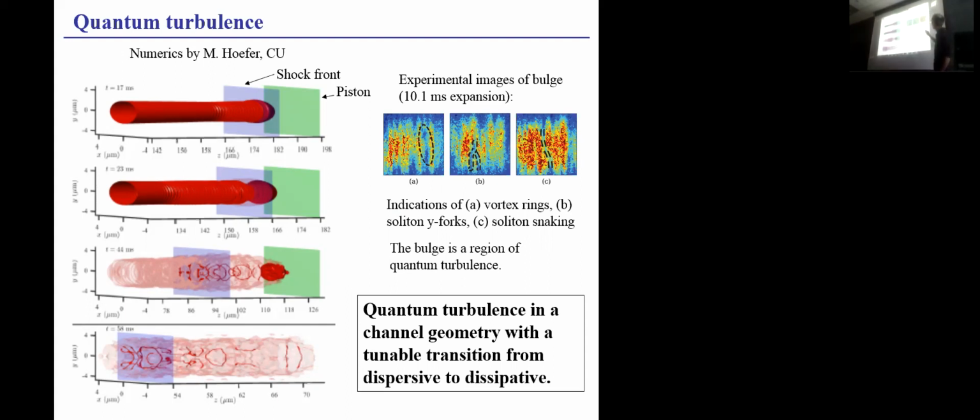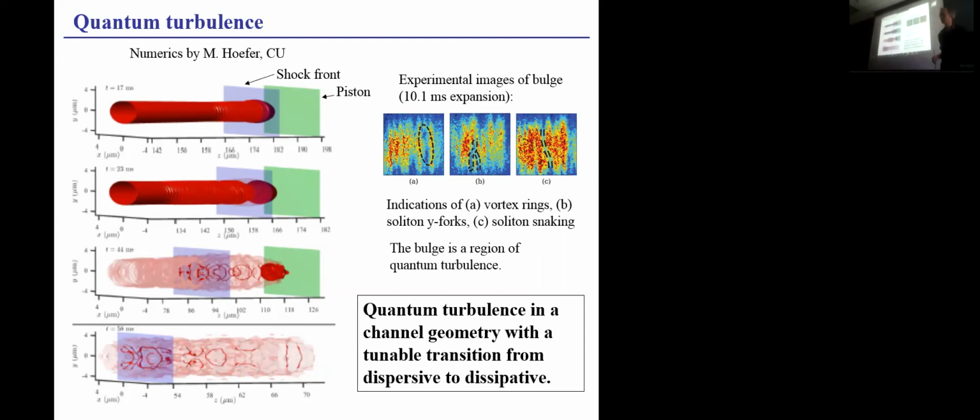You see solitons forming these Y-forks over here, or solitons snaking. So while we can't resolve all the features, we do have indications for the vortex dynamics going on there. And that is my argument for why I was calling this turbulent, in the sense that there is a lot of vortex dynamics and connections going on.